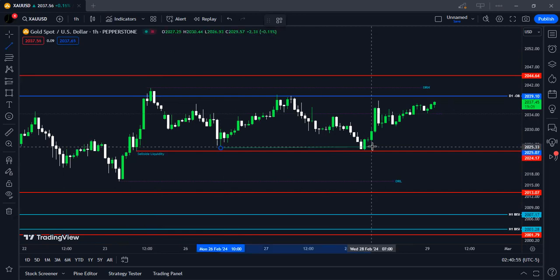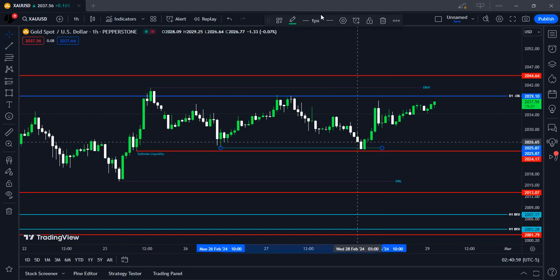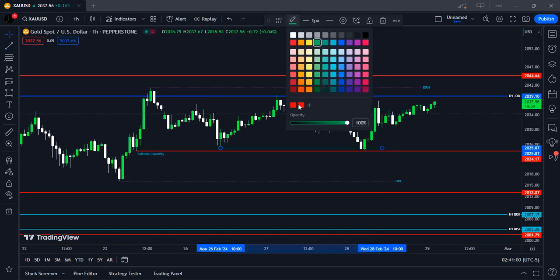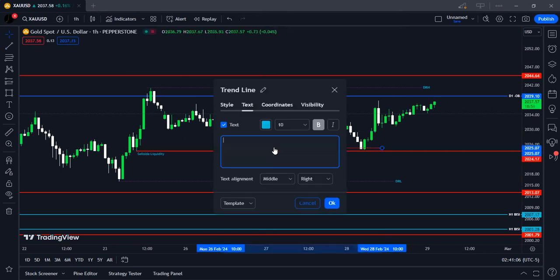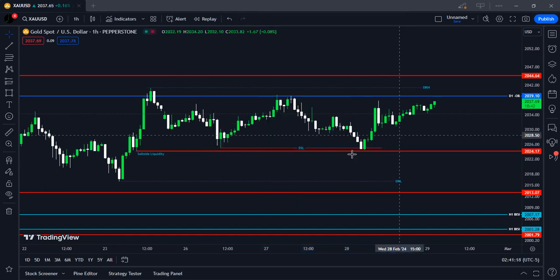So right there, we had the sell side liquidity sweep right here. I love my liquidities red. Like that. So this is sell side liquidity, which was swept yesterday, and it facilitated this run.